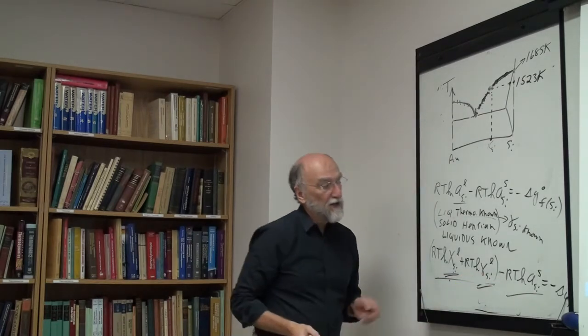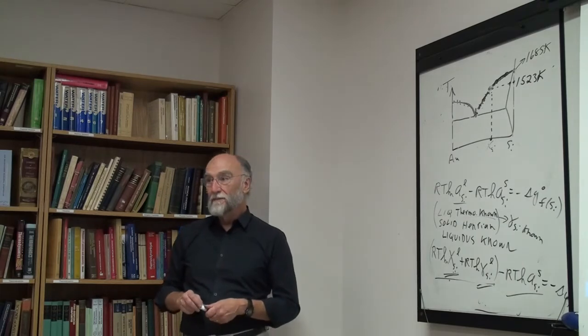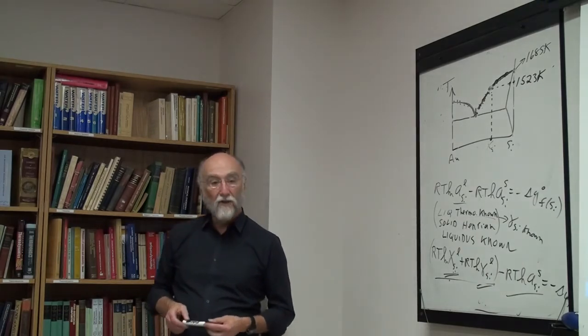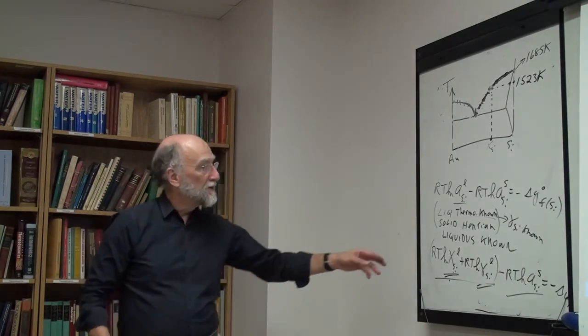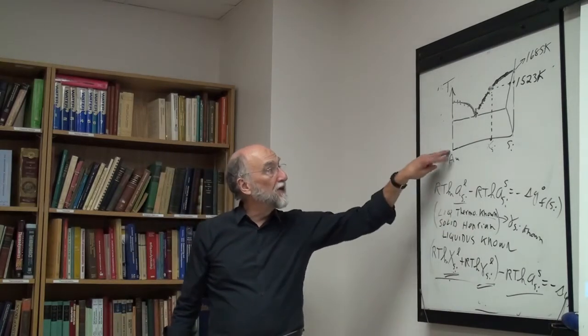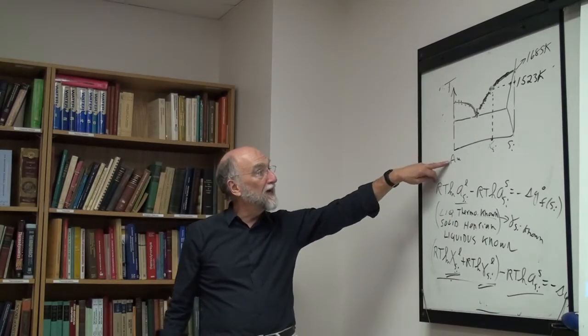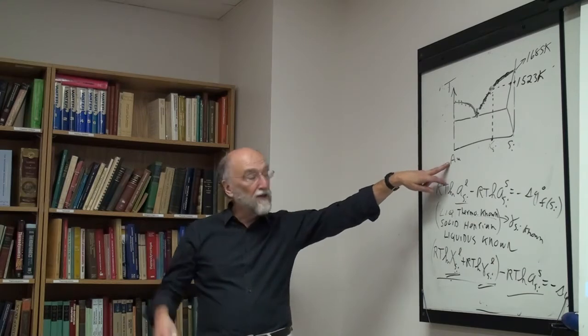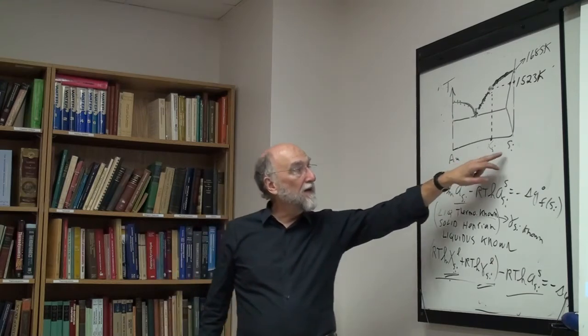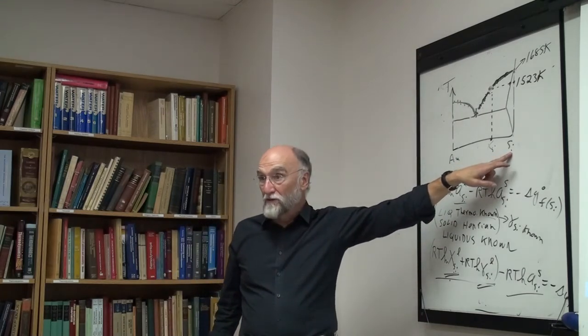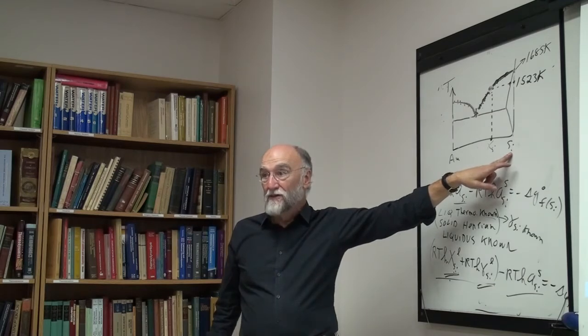The solid is a dilute solution. Okay, the solid is a dilute solution. It's Henrian for the solute, that is, the gamma of gold is approximately a constant, gamma Henry of gold, and then it's Raoultian for the solvent, silicon.